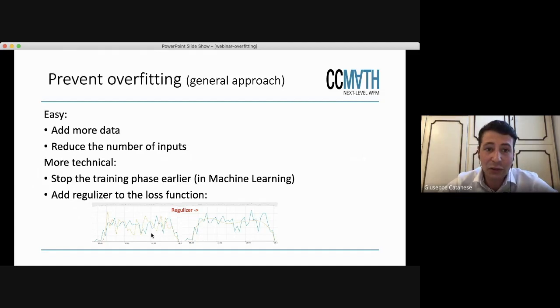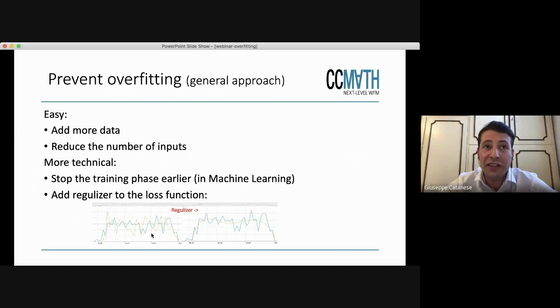An easy way to prevent overfitting is to add more data. This comes from a statistical theory that says that, imagine that you have infinite data points. In that case, you would be able to find exactly the process of your data set.